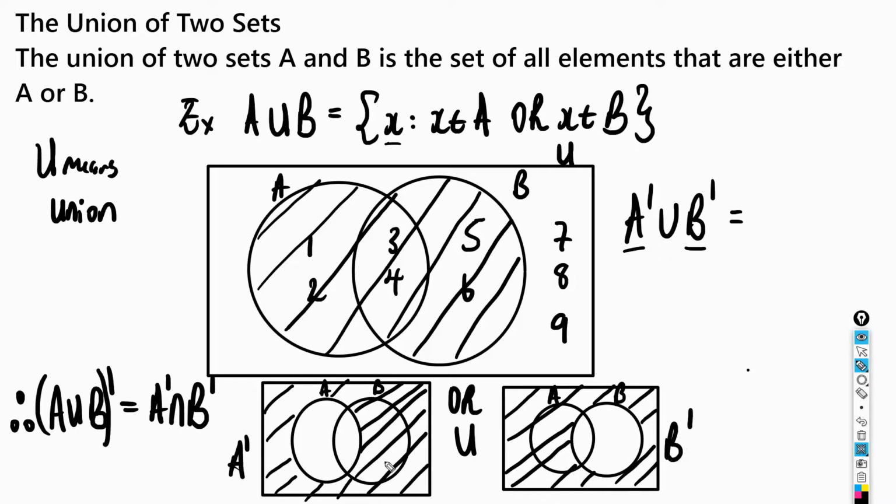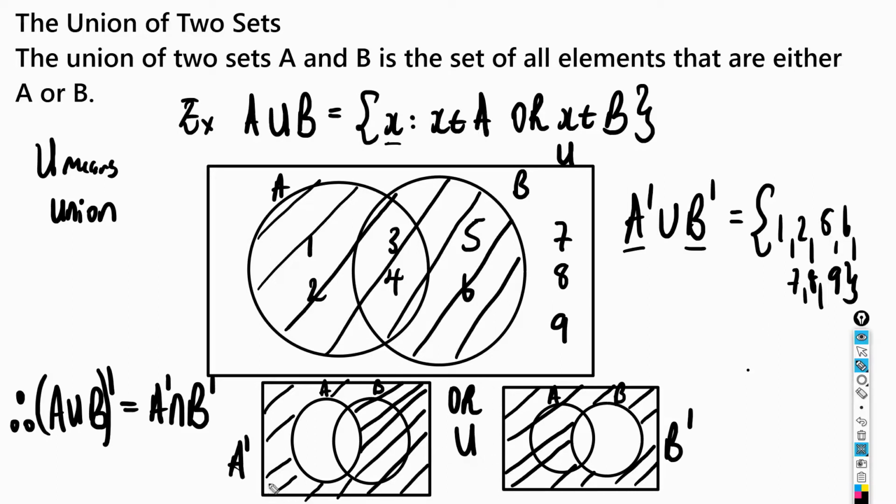So if you look here, everything that's outside of B or everything that's outside of A, you actually end up with everything but the portion inside the middle here. So this would actually end up being 1, 2, 5, 6, 7, 8, and 9. Cool?